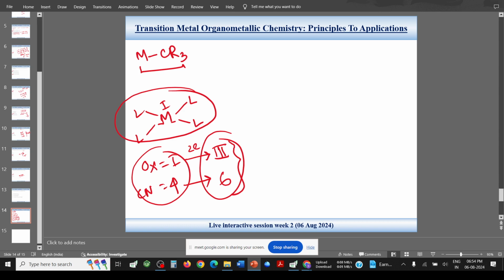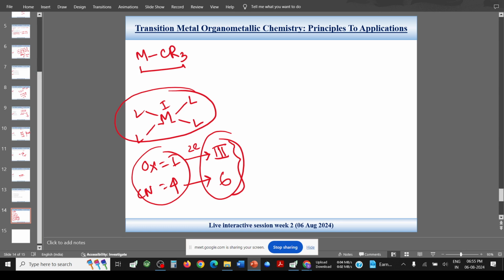Oxidative addition we will discuss in catalysis in more detail, but here for general information, we have our iridium complexes.